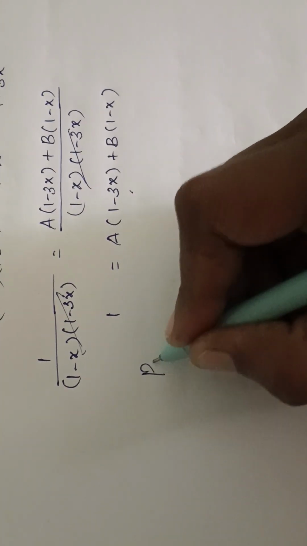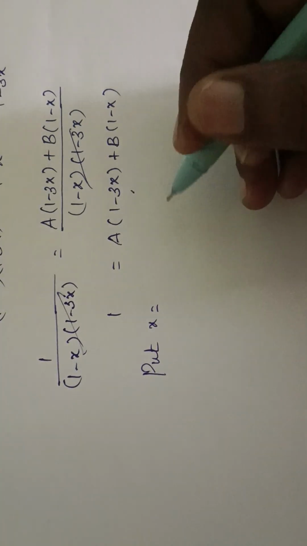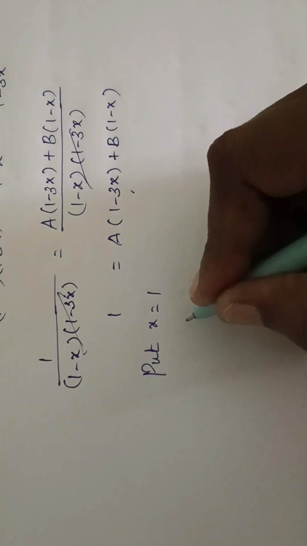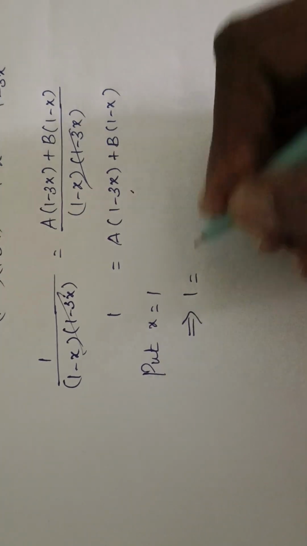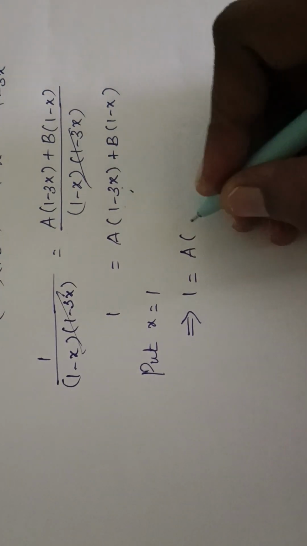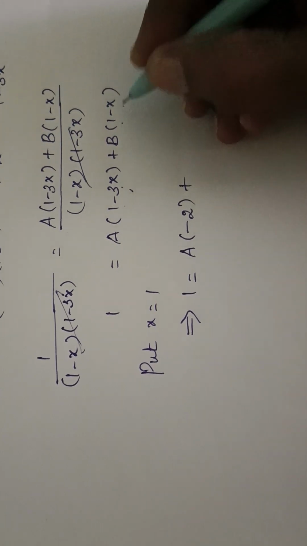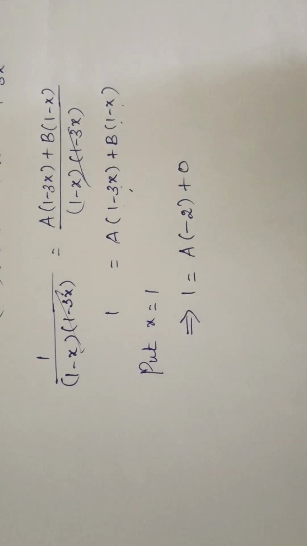So here I will substitute x is equal to 1. What is the answer? 1 is equal to a into 1 minus 3 into 1, that is 1 minus 3, value minus 2, plus here 1 minus 1 is 0. The second term is totally 0.